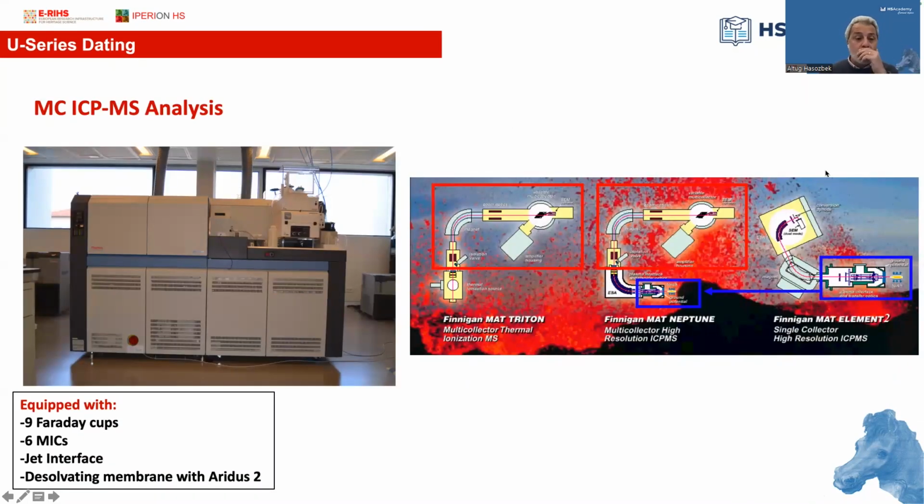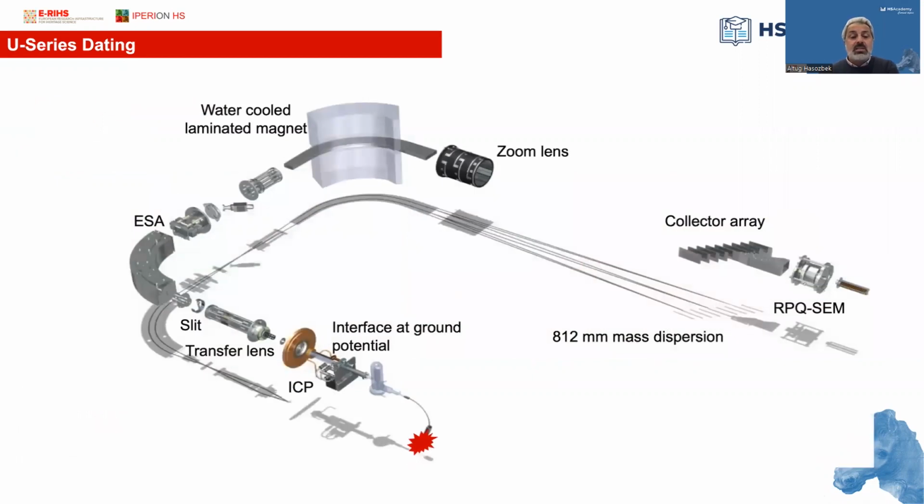And this is our instrument here at CENIEH. We have 9 Faraday cups, 6 multi-ion counters, a jet interface, and an Aridus 2 dry plasma system. Multi-collector ICP-MS works basically like this; this is an example of TIMS and the single collector ICP-MS.